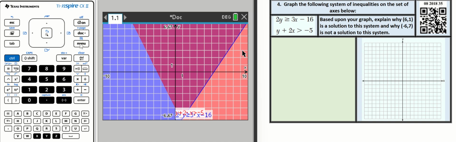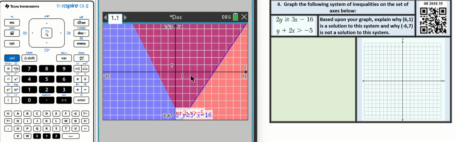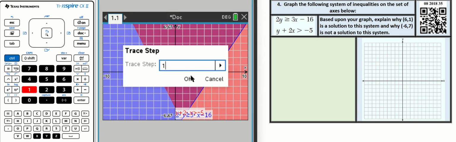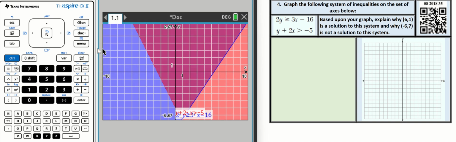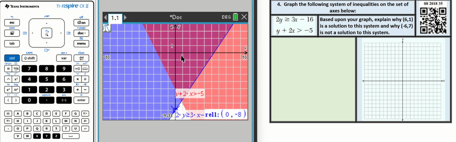So we want to hit menu, trace, step. We want to make sure this is 1, not automatic. And then we want to go menu, trace, graph trace. So we can graph this. Okay, so we have 0, -8.